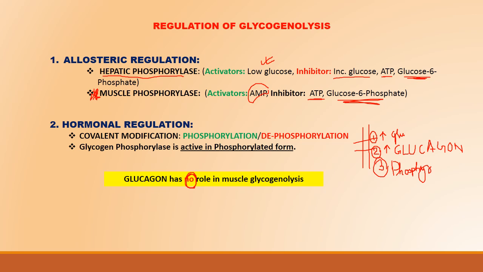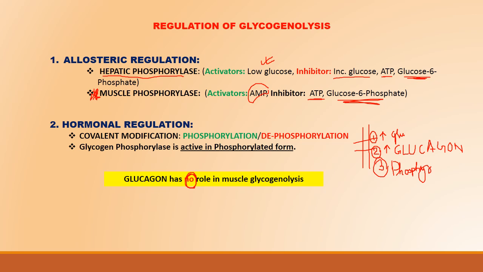First one is, what does glycogenolysis, or what does glycogen phosphorylase, do? It will increase glucose concentration, right? So which hormone will be responsible for increasing the glucose concentration in the body? It is glucagon.